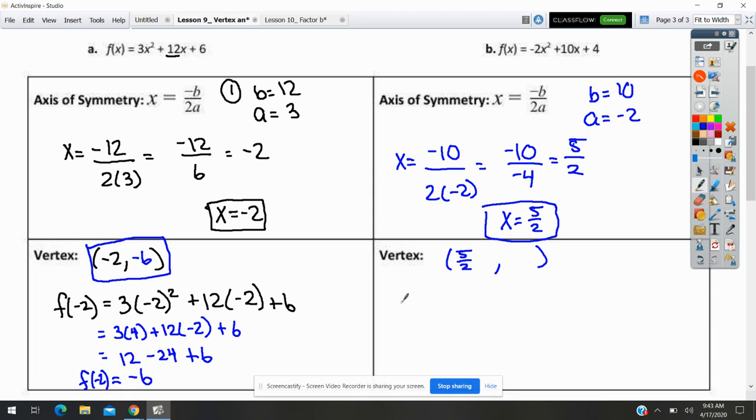So let's just substitute 5 over 2 into our equation. So f of 5 halves equals negative 2 times 5 over 2 squared plus 10 times 5 over 2 plus 4. I'm just going to grab my calculator.